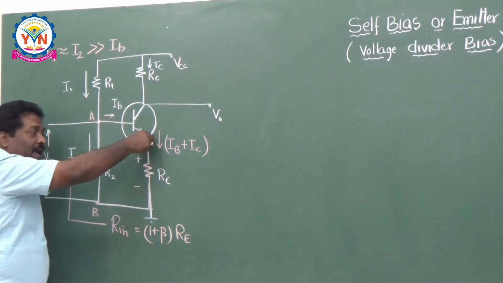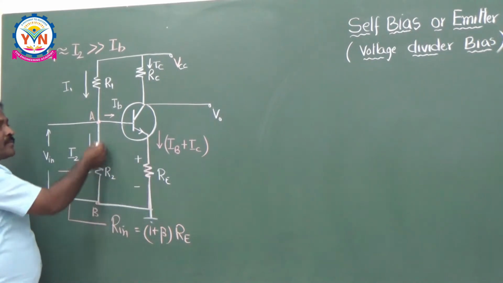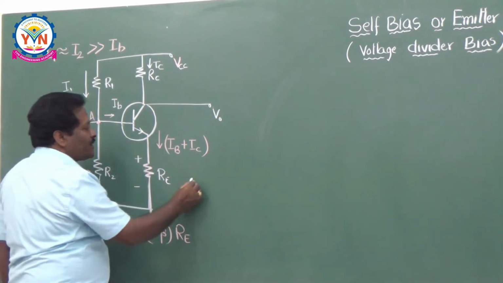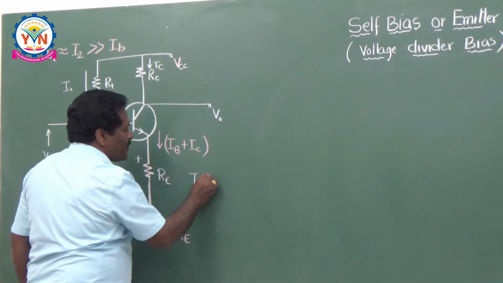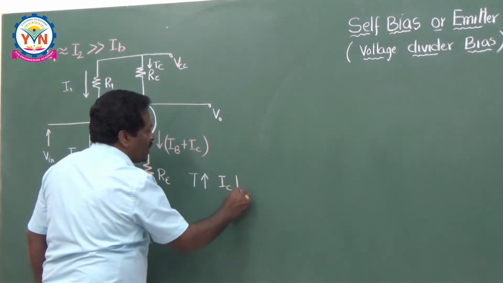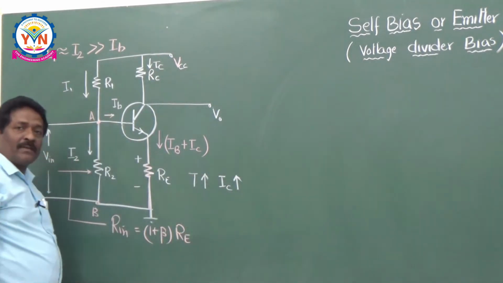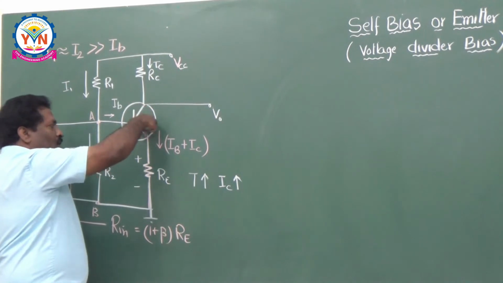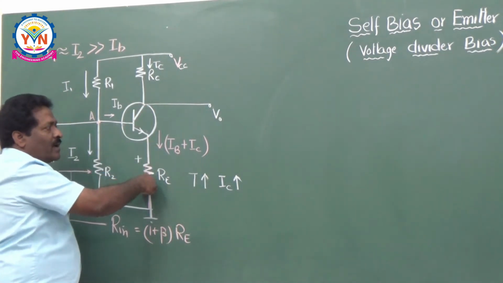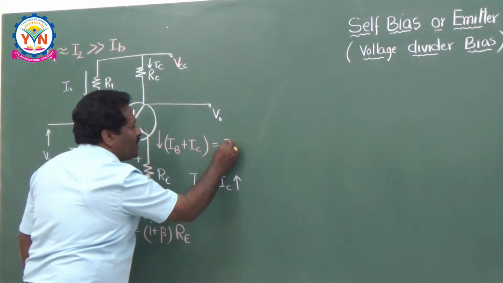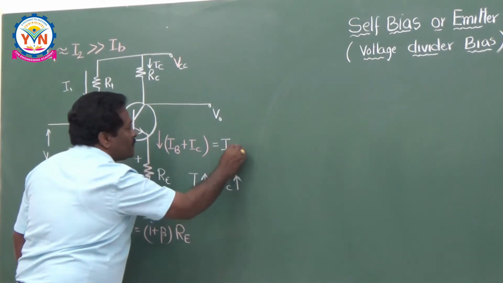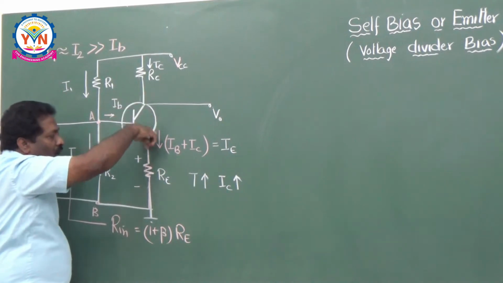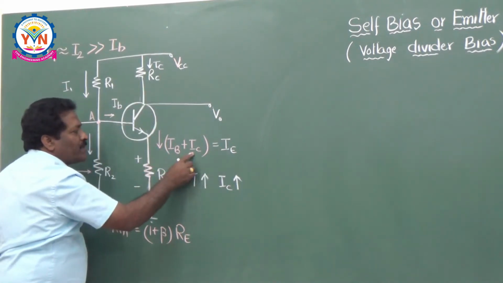In this way, it is controlling the temperature variation. Let me say the temperature increases. IC also increases as usual, using the concept of thermal runaway. If IC increases, IE also increases because IE is equal to IB plus IC.